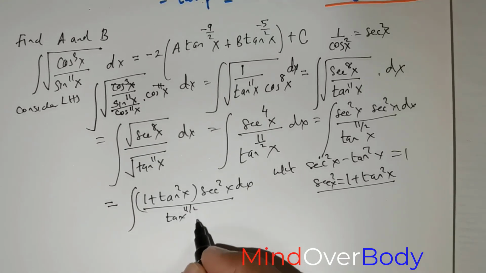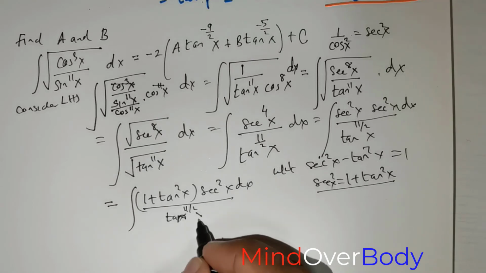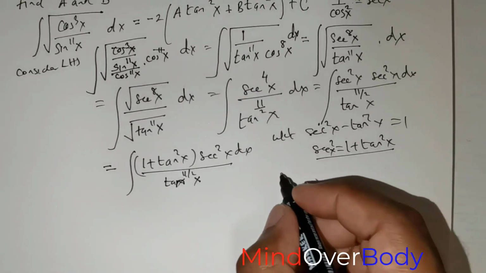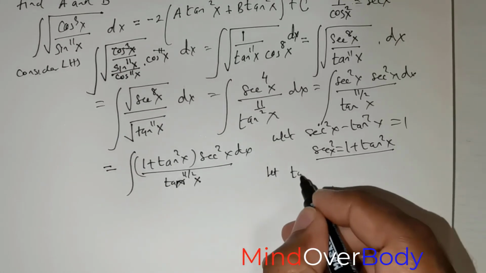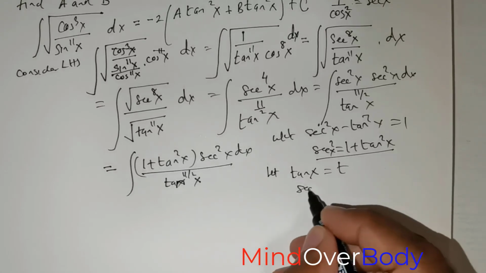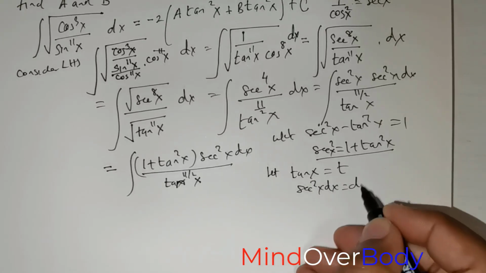tan x raised to the power of 11 over 2, so this is tan raised to the power of 11 over 2x, right? So now what I wish to do is take tan x to be equal to t, so this would give me secant squared x dx is equal to dt.